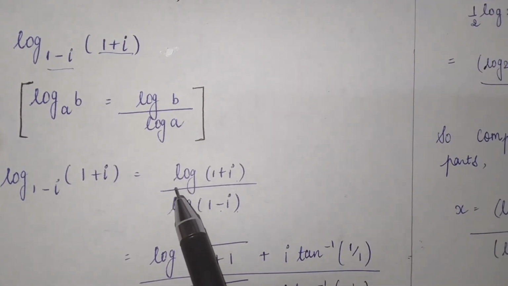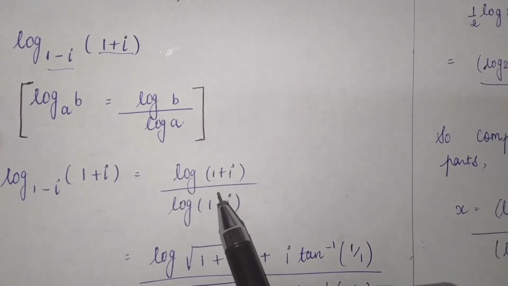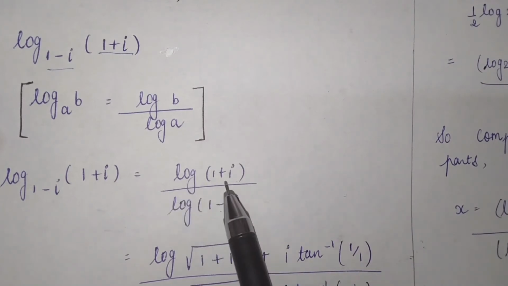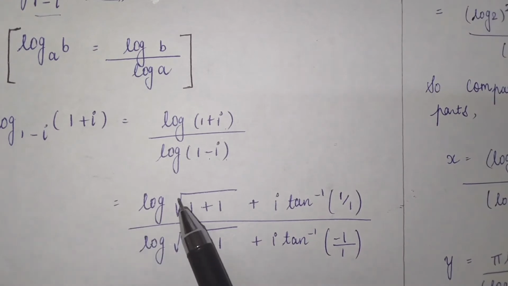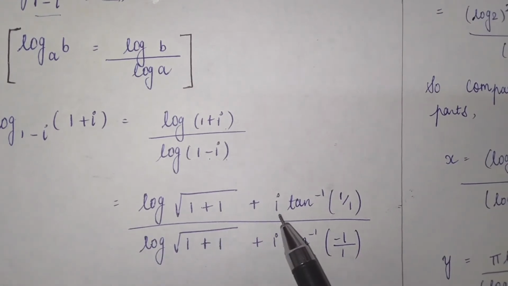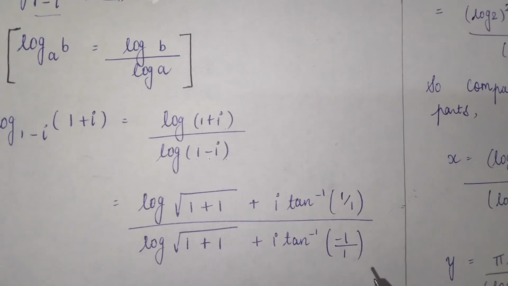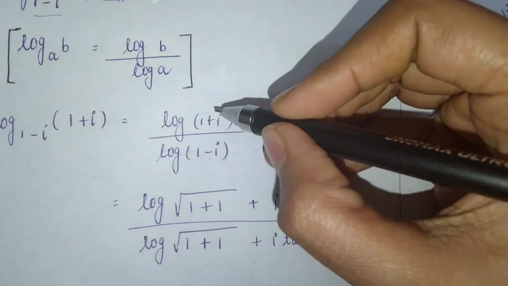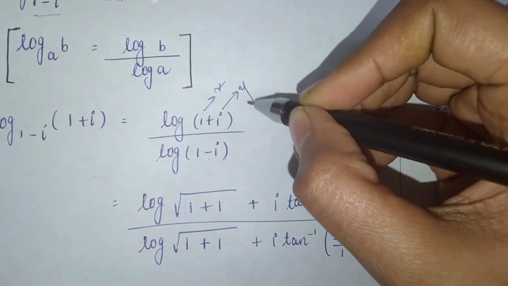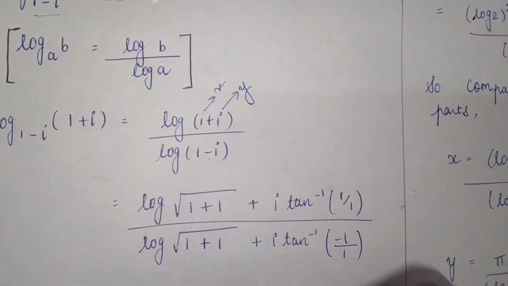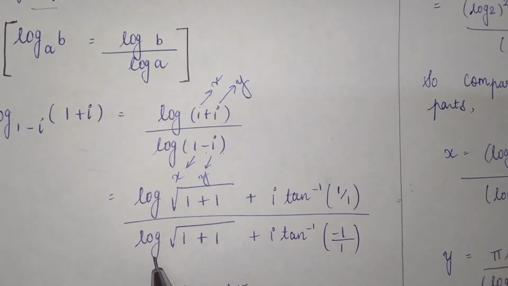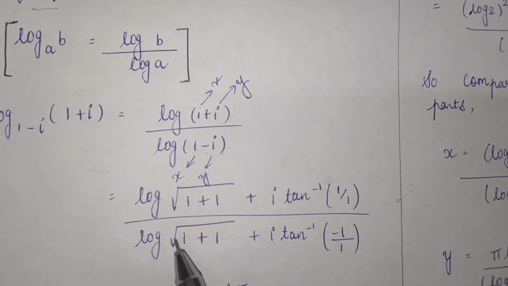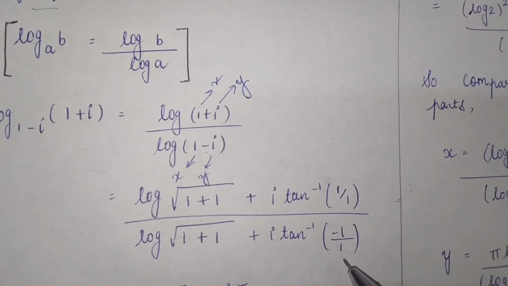Again, as we have log terms, we can apply the formula of logarithm of complex numbers. We will get log under root 1 plus 1, plus i tan inverse 1 by 1, because here x is 1 and y is also 1. But in the denominator x is 1 and y is minus 1, so we will get log under root 1 plus 1, plus i into tan inverse minus 1 by 1.